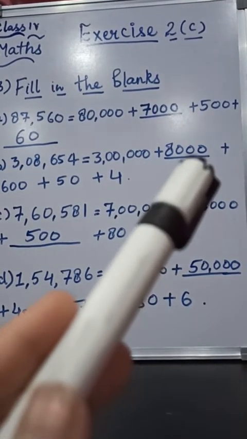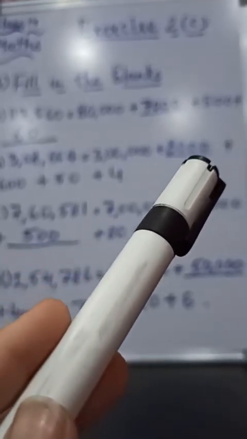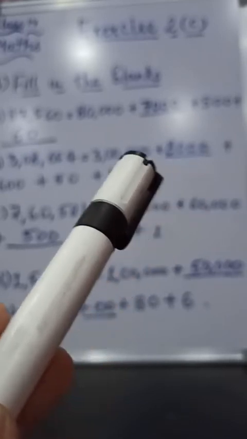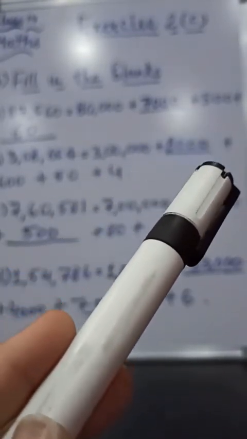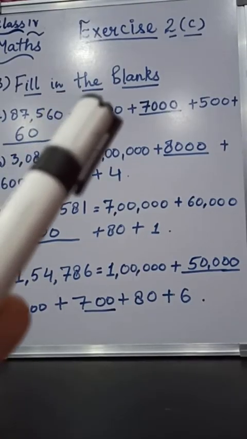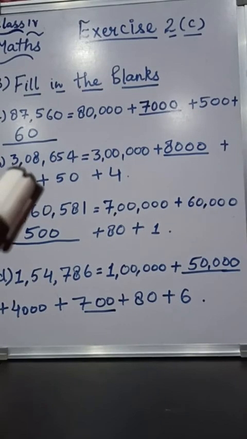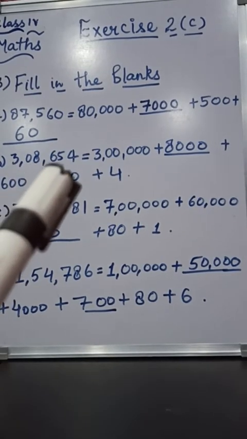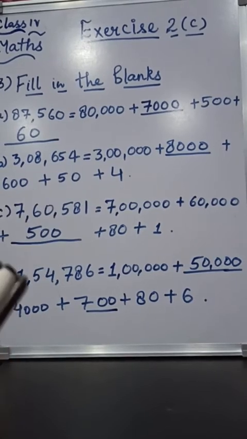So what will come in this blank? 8,000. Okay, 8,000 will come in this blank. So this will be 3 lakh plus 8,000 plus 600 plus 50 plus 4. So this is the expanded form of 3,08,654.